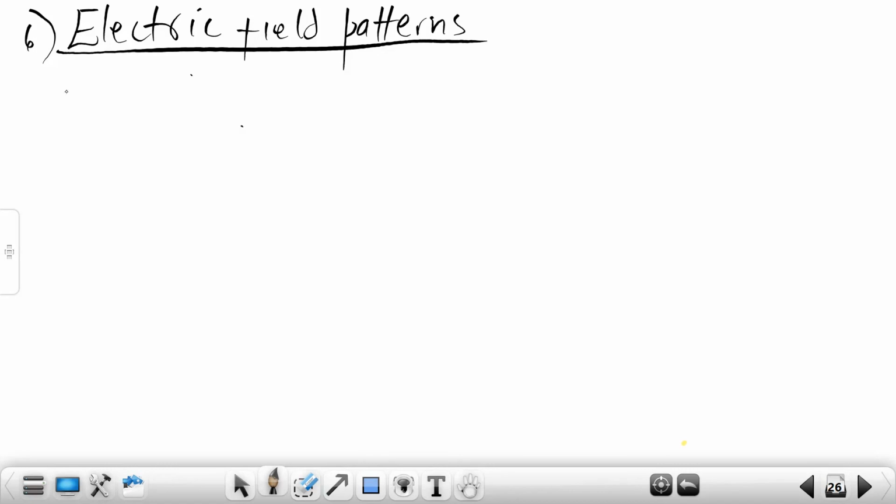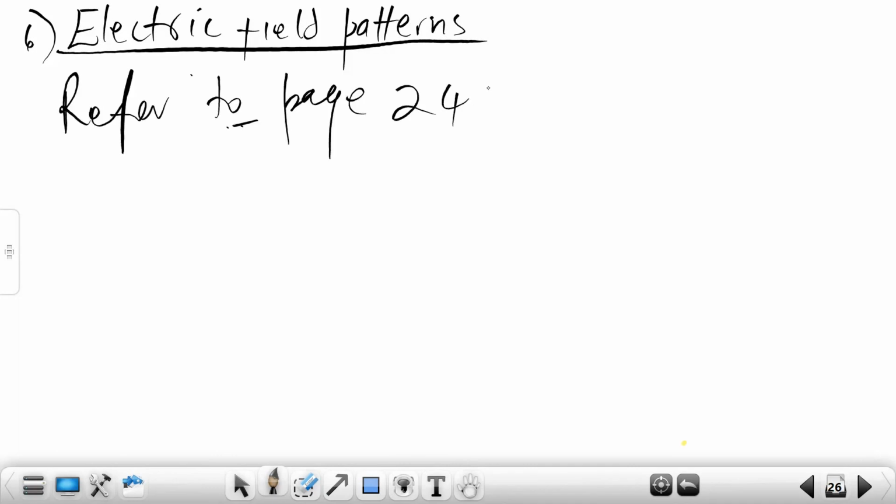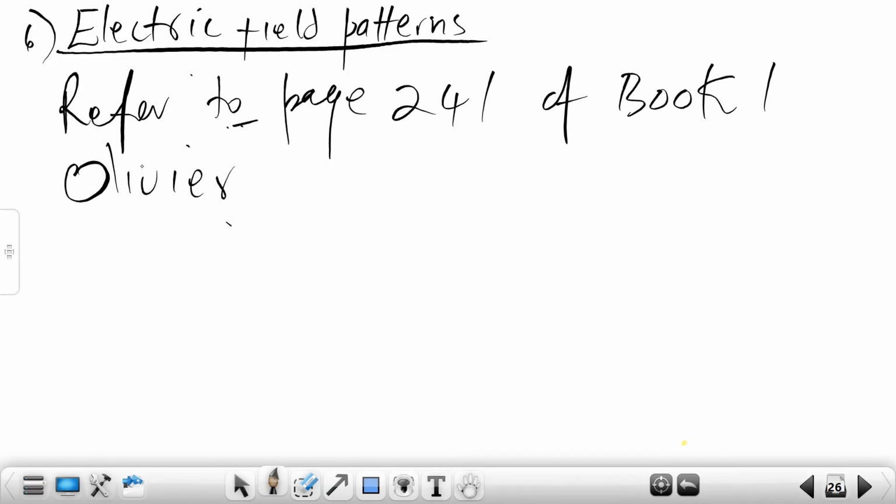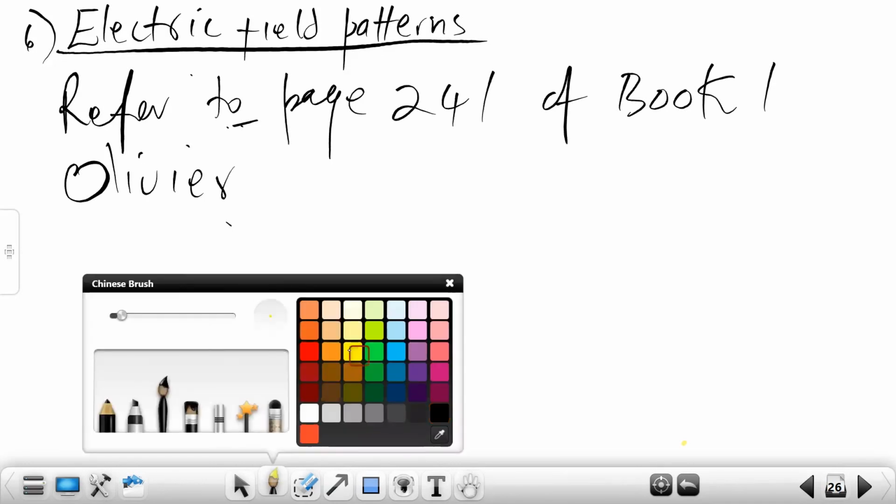Let me write it down to say refer to page 241 of book 1 Olivier. Very, very important.